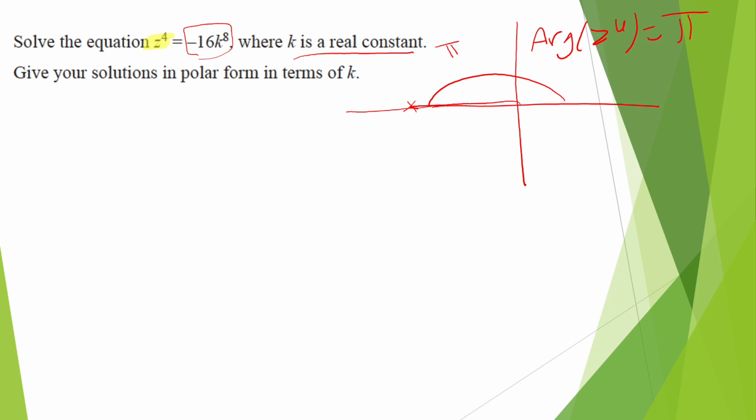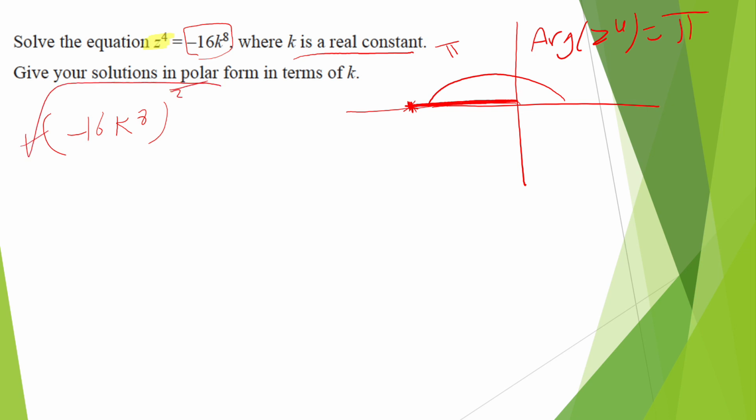And now the modulus. The modulus obviously is the length from 0 to there, and the length in this case is, remember, the modulus is the real component squared plus the imaginary component squared, all under the square root. But because here we don't have the imaginary component, we only have the real component, it will be negative 16k to the power of 8, all squared, and all under the square root.